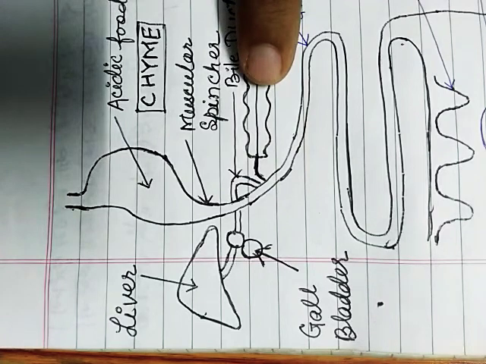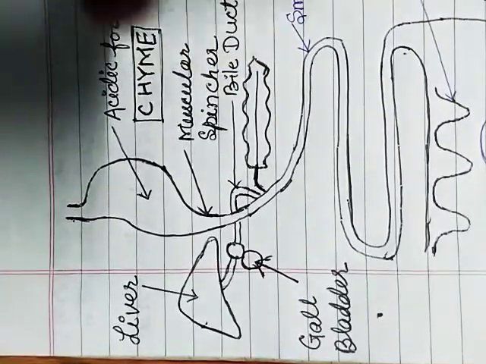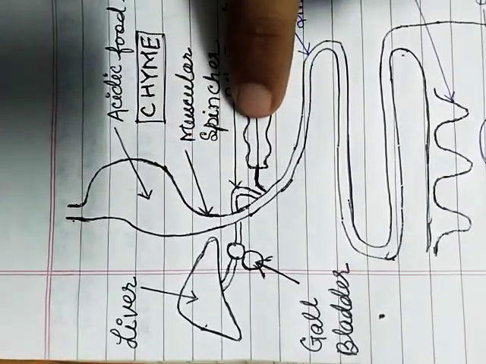Now, we will go with the secretion of pancreatic juice. The pancreatic juice secretes 3 types of enzymes. First is amylase. Obviously, amylase will digest the remaining starch. The starch which was left in the mouth and in the stomach, that remaining starch is digested by pancreatic juice.